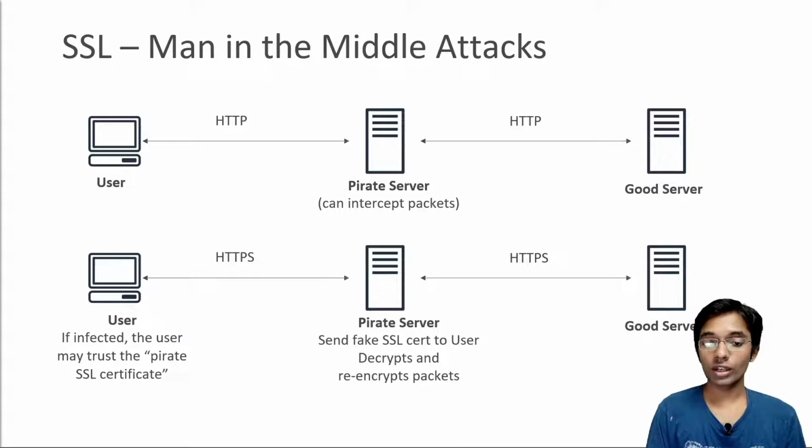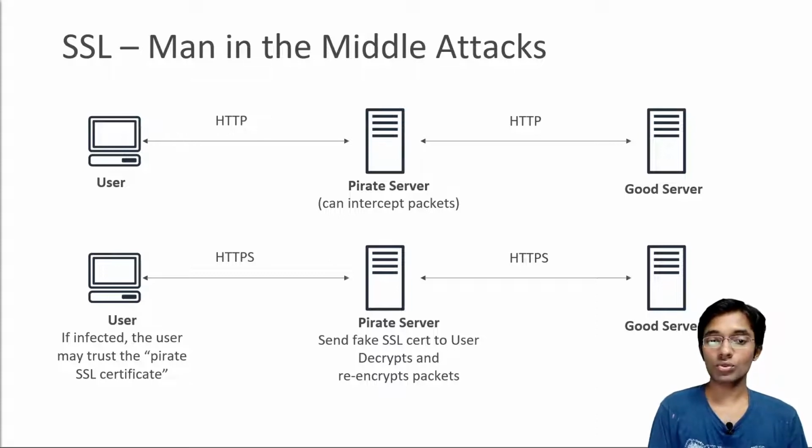So now the good way is to use the HTTPS protocol. We have the same kind of architecture, but this time the pirate server will try to send a fake SSL certificate to the user, by decrypting the packets from the good server and re-encrypting them, and maybe changing them.